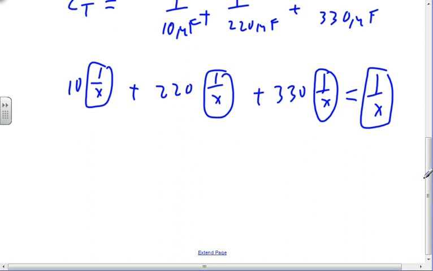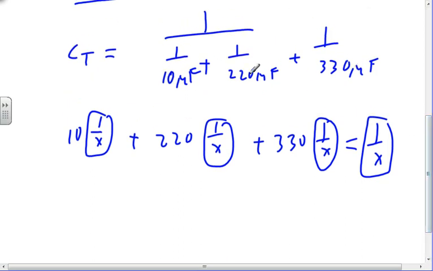Now, I could do it a different way. I could find a common denominator and add and flip it, but that's not what we do. So I have 9.3 microfarads for my total capacitance, which is smaller than the smallest one, and I'm happy.